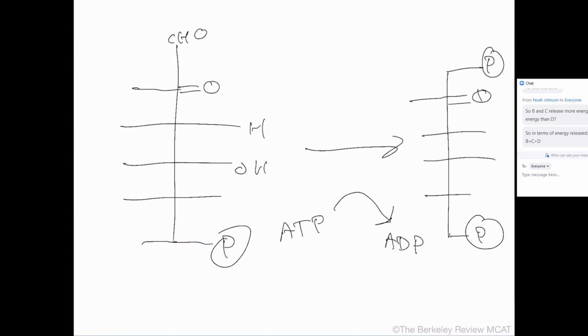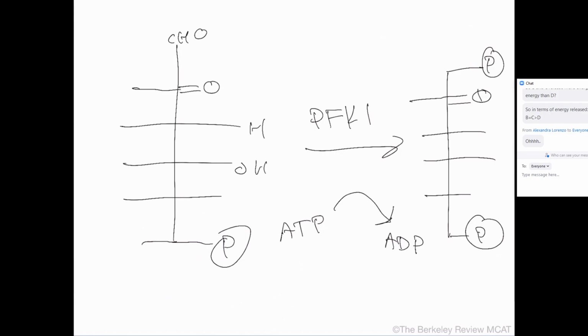And this is PFK. You're adding another phosphate from this ATP up to carbon 1 of fructose 6-phosphate to make it fructose 1,6-bisphosphate.